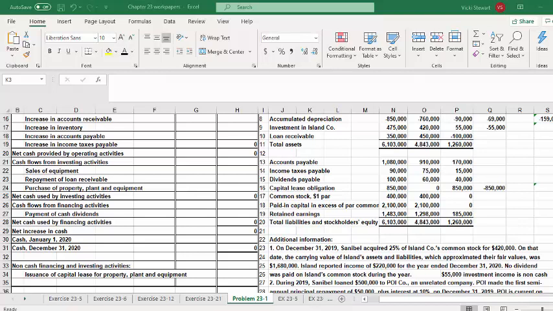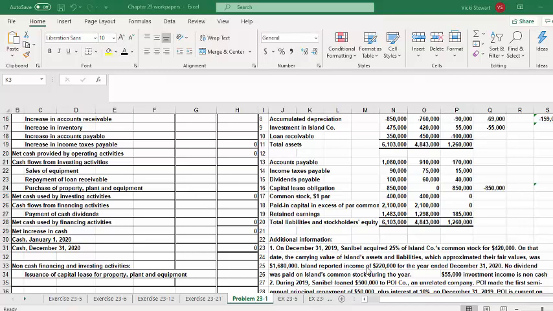So we know that when we own 25% or more of an investee's common stock, we are required to use the equity method. The equity method requires that we record as investment income our percentage ownership in the investee's net income.